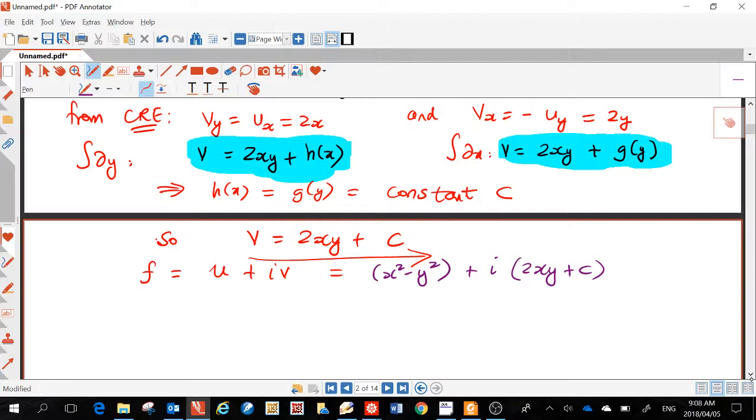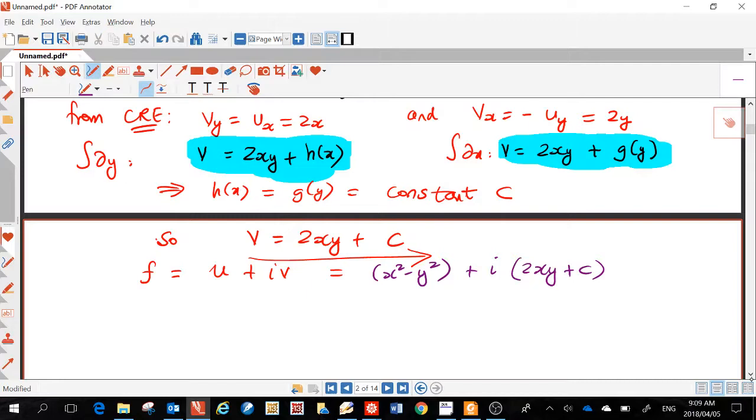This part some students find very tricky. Get to z form. Remember, z is x plus iy. So to create a z, you have to massage this to have things like x plus iy. This part is a bit tricky.